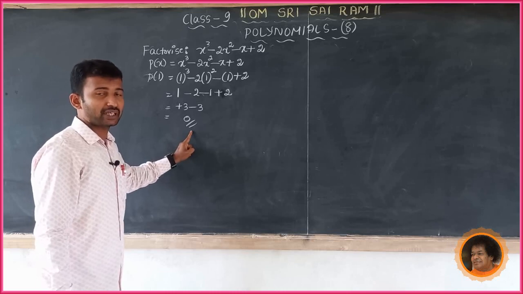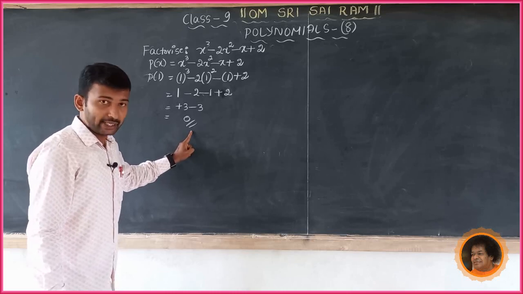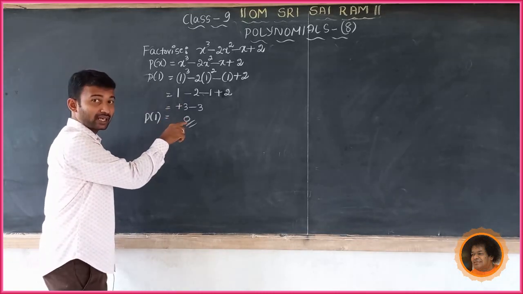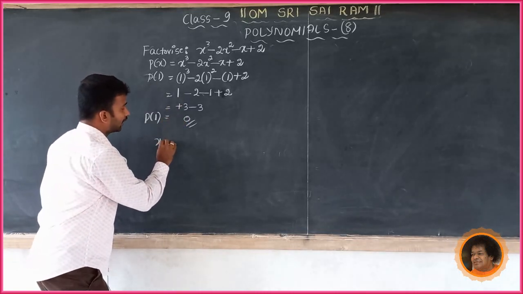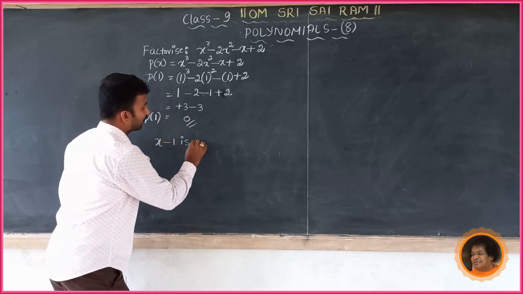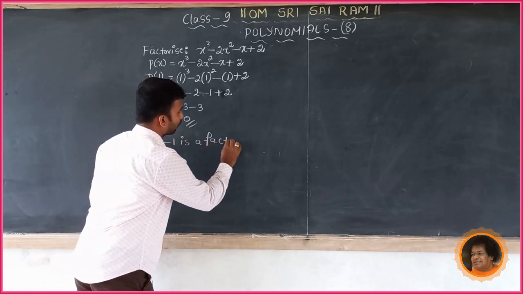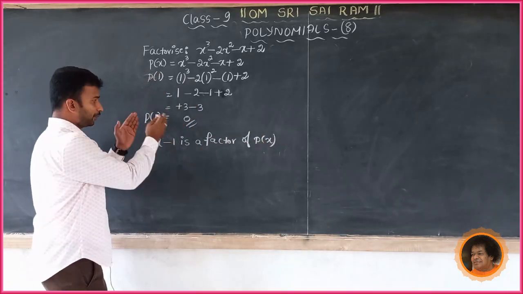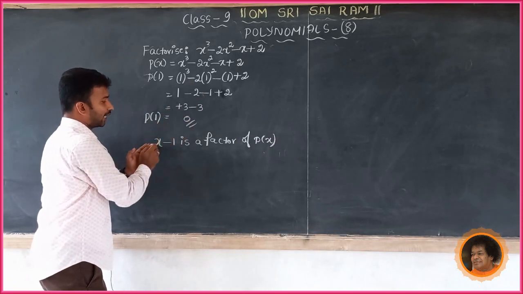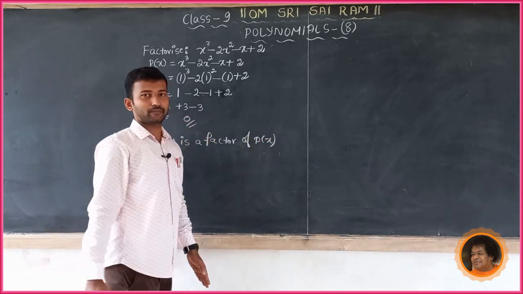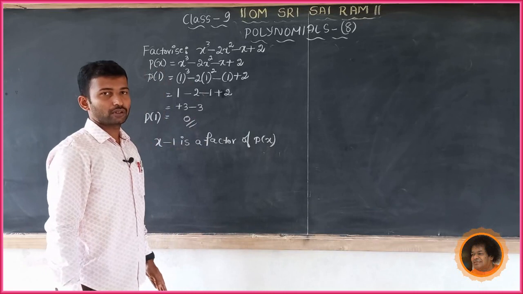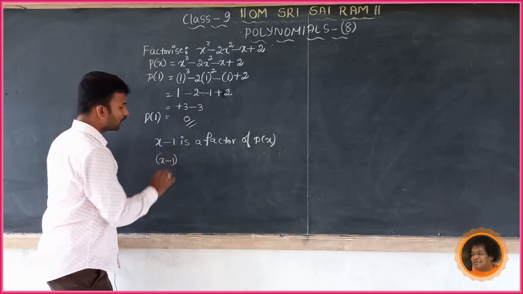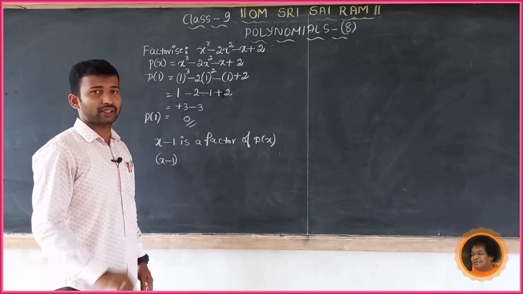What do you mean by p of 1 is equal to 0? If p of 1 is equal to 0, then x minus 1 is a factor of p of x. So we got x minus 1 as the first factor, or one of the factors.